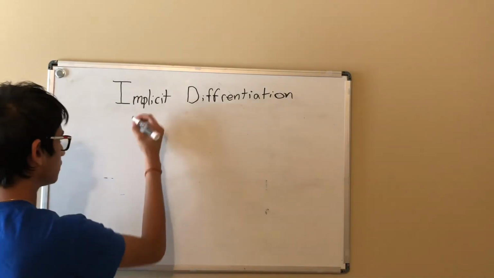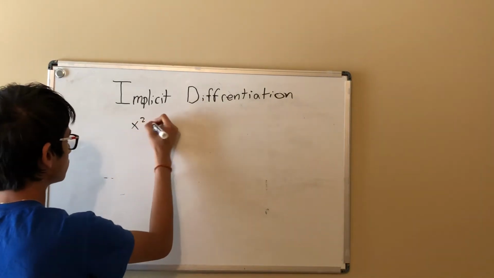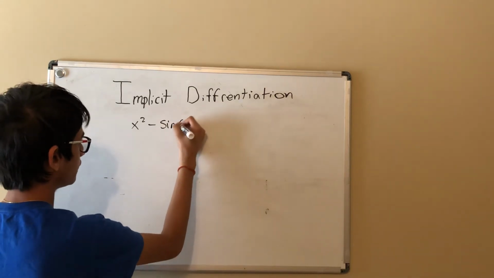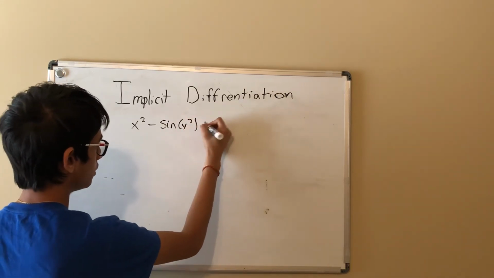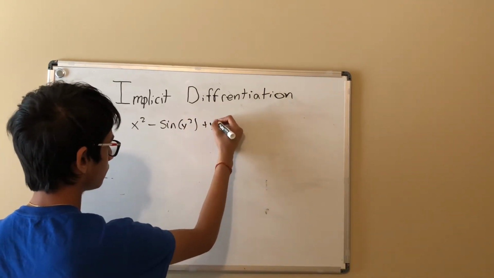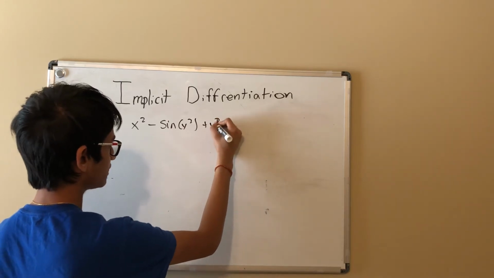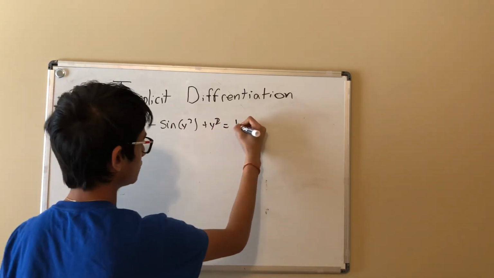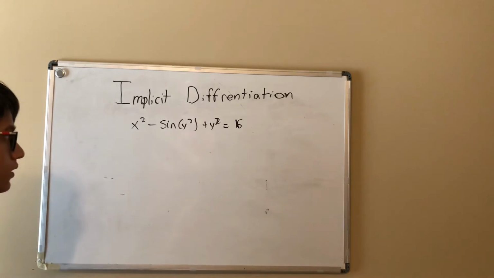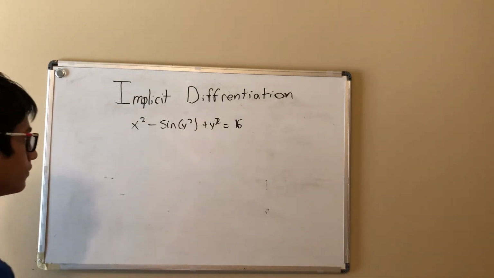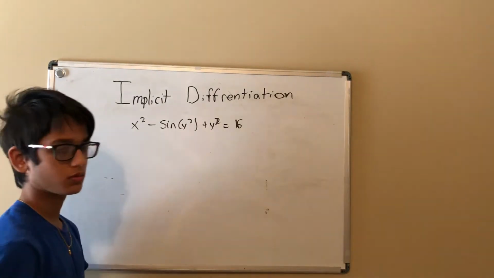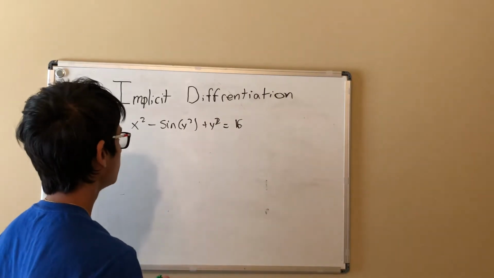So here, let's say that the equation is x squared minus sine of y squared plus y to the second equals 16. Right? It would equal like some number.